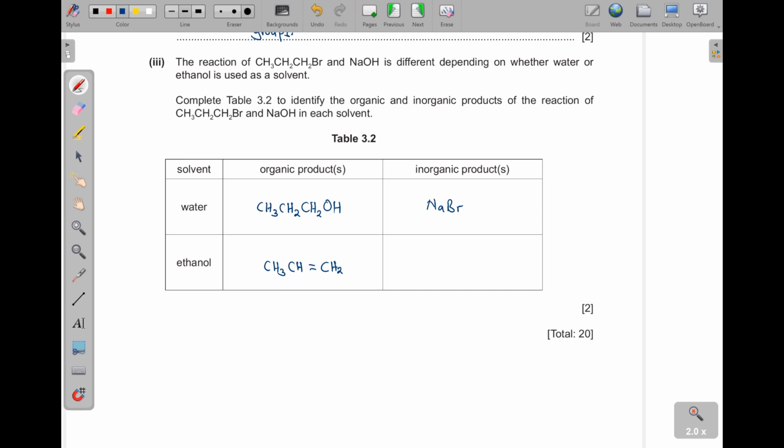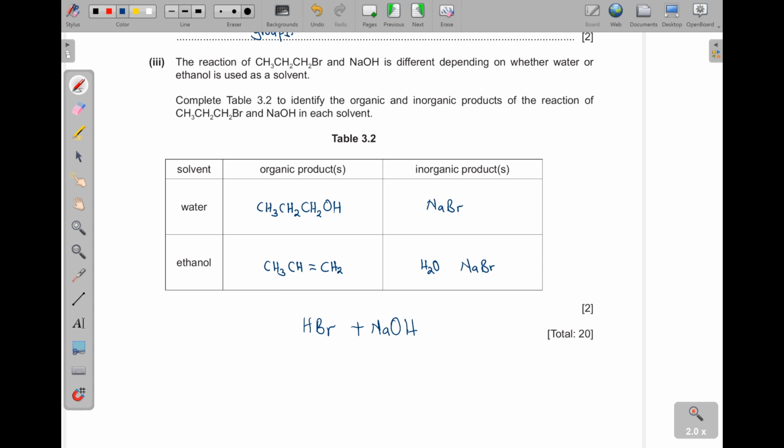So I can write water and sodium bromide. I would have put HBr here. But since I have sodium hydroxide there, we shall get water.